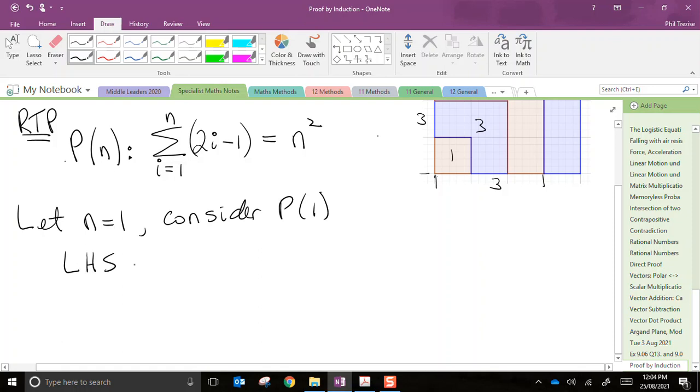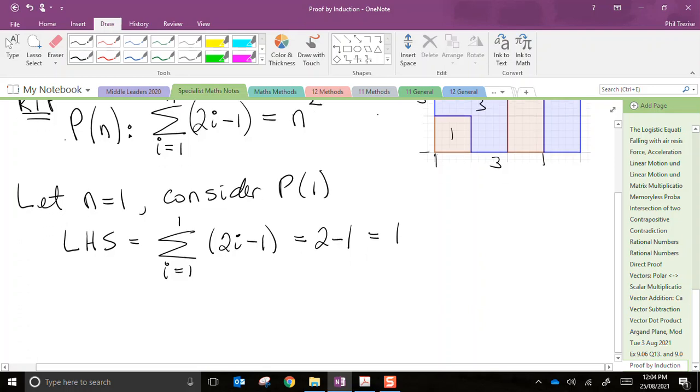Now the left-hand side of that proposition would literally be the sum from i equals 1 to 1, n being the upper limit, of 2i minus 1. If we substitute 1 in there, we have 2 times 1 is 2, minus 1. We don't have to go any further because the beginning value is 1 and the upper limit is 1. And 2 take 1 is 1.